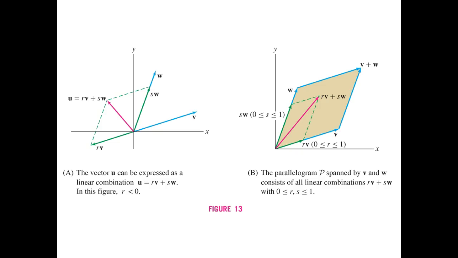All right, but now let's look at a concept called linear combination. A linear combination of two vectors, V and W, is also a vector, okay? But it's a vector that consists of some scalar times the first vector plus some other scalar times the second vector, okay?